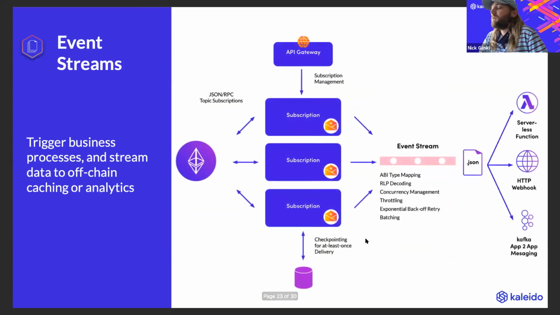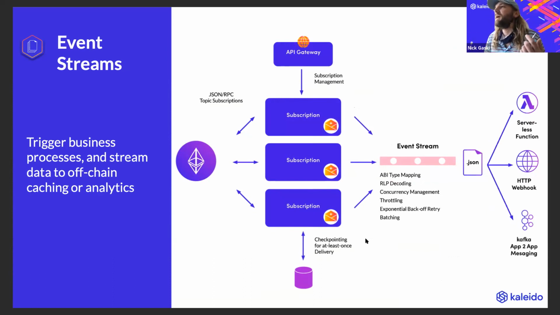The other piece, which is the outbound layer of our REST API gateway, is how do we get all of our dApps updated in real time? Everyone needs to know about state changes that are occurring in the system, and you want to do it without having to do low-level WebSocket polling on those nodes and listening for events. So with our event stream functionality, you just get those events for free.